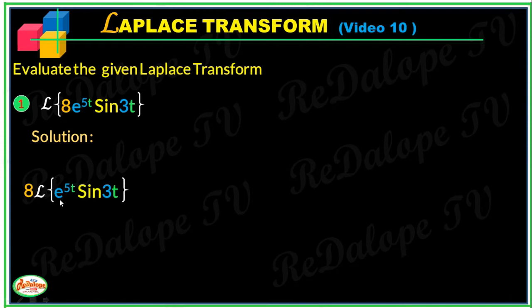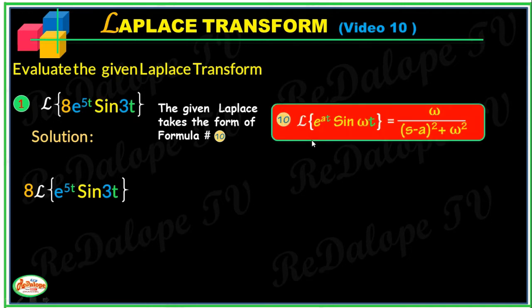If we observe, e raised to 5t sine 3t takes the form of formula number 10. So e^(at) sine omega t is the same as e raised to 5t sine 3t, wherein a here is simply equal to 5. Sine 3t and sine omega t, therefore omega is equal to 3.